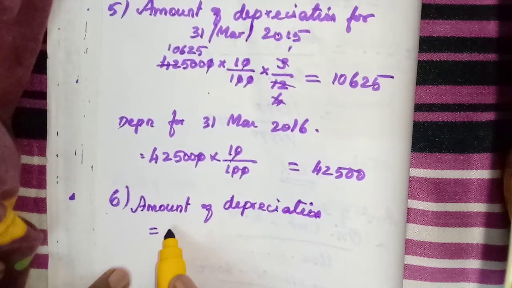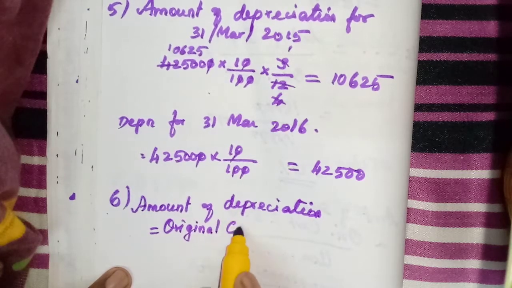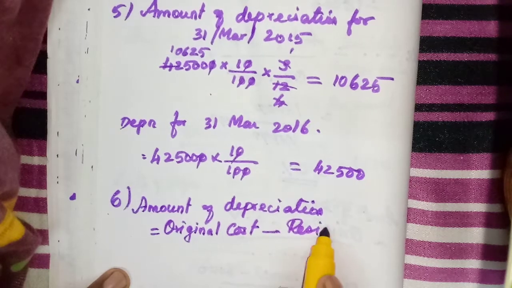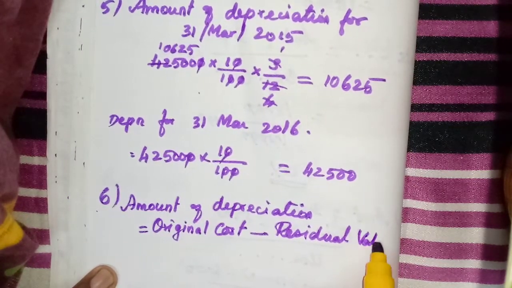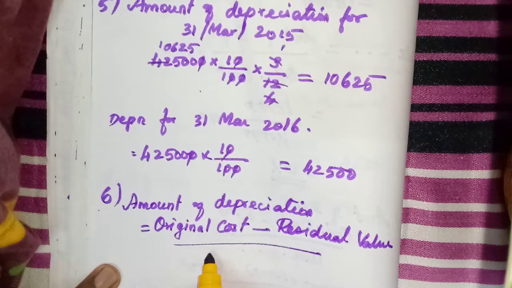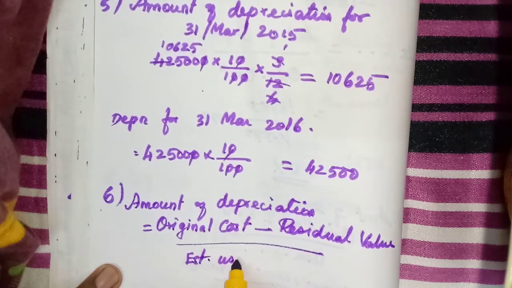Equal to original cost of the asset minus residual value or scrap value, divided by the estimated useful life of the asset.